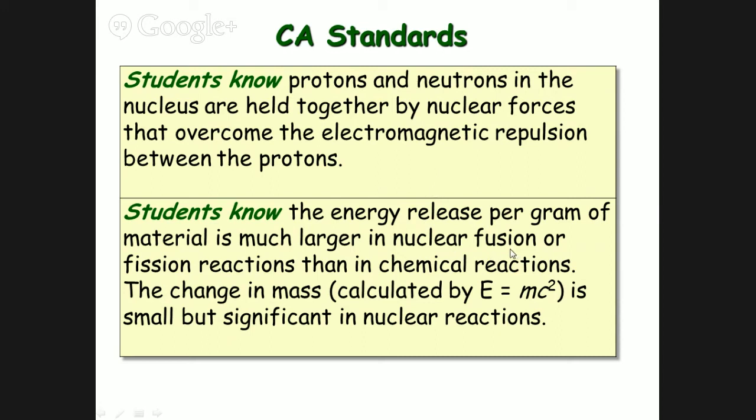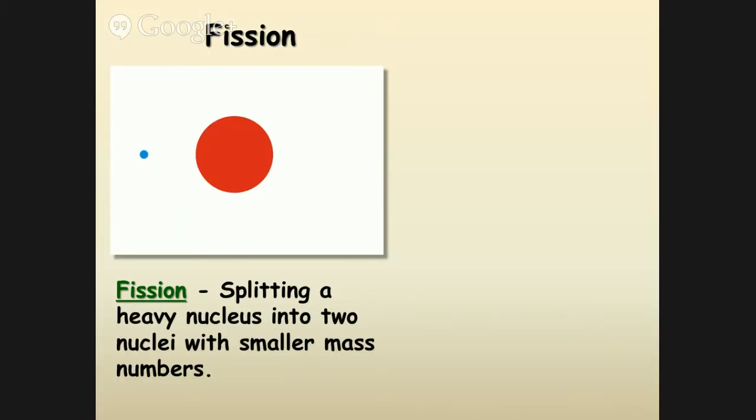And then you also need to know a little bit about fusion and fission. And so we have some diagrams to help out. Here is an example of a fission. Basically, we are taking a heavy element and we are splitting it into smaller pieces.